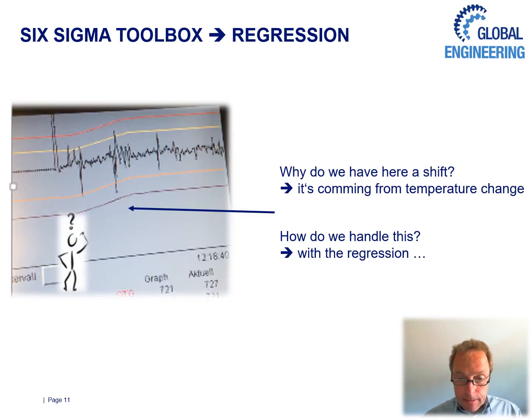But what's that? The process is shifting. Why is it shifting? It's coming in this case from a temperature change. We start with the propellant, which is close to the machine, and in the first couple of meters the propellant has room temperature.